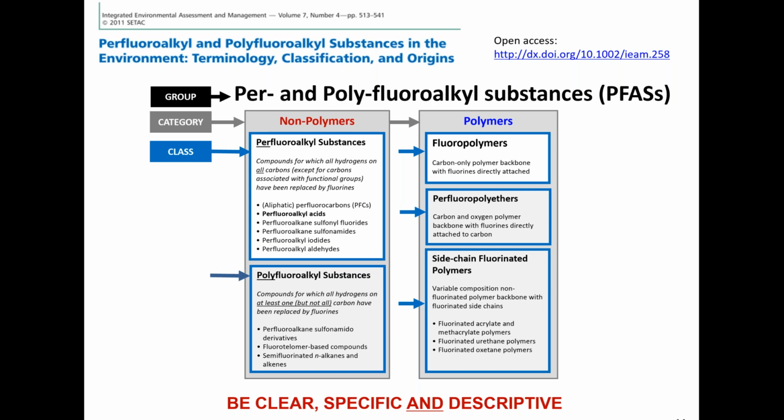The side chain fluorinated polymers have a small amount of a fluorinated chain, 6, 8, 10 carbons, attached to a normal polymer backbone, so that the fluorinated piece only creates surface properties, and we'll talk about those too. So what I'm going to build forward for you here is how we start fitting these substances into this framework that we've defined as PFAS, trying to be clear, specific, and descriptive along the way.